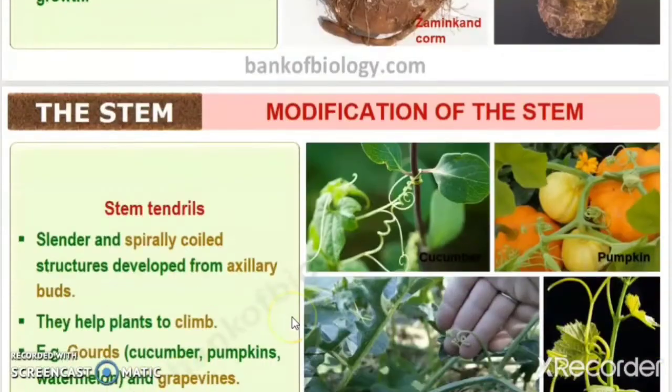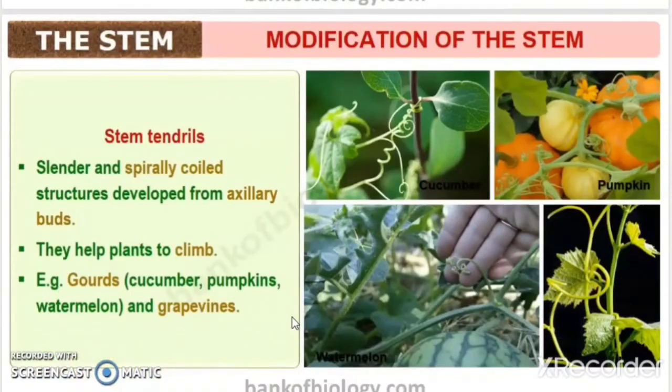Now let us see the next modification, that is the stem tendrils. So there are aerial stems which have very weak stems. One includes the stem tendrils which are produced in few plants. Okay, so the example we can say is the case of climbers, we see a lot of climbers, right?